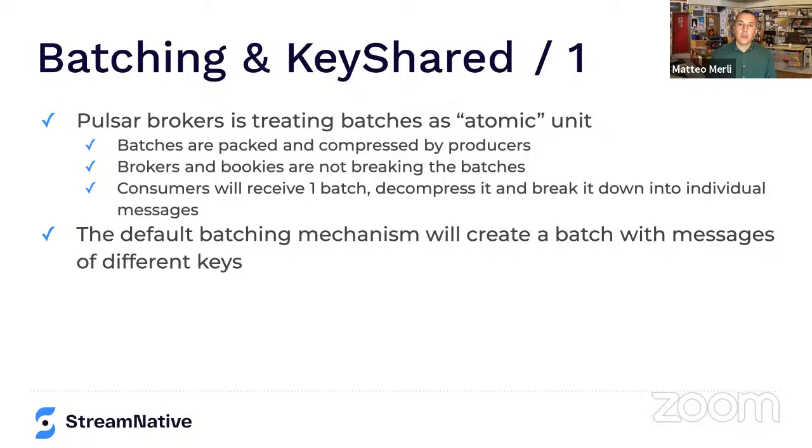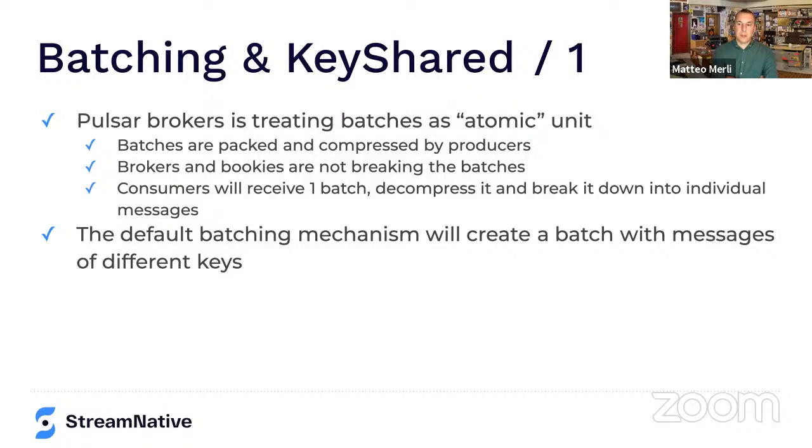Bigger batches also lead to better compression. If you enable compression, a batch of 1 or 3 messages compresses a lot less than a batch of thousands of items. So one of the key best practices for efficiency is to make sure that you have a good batching factor.